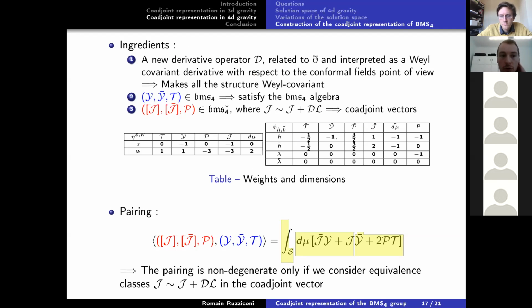And you can actually turn on the news with the superrotations, so you have to be very careful with that. The point here is that we cannot really isolate a subsector that transforms in the coadjoint representation and is completely described by this. It's just some patterns in the transformation of the solution space.